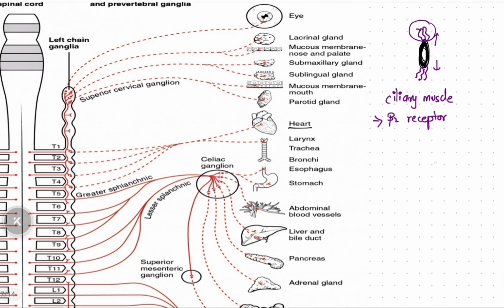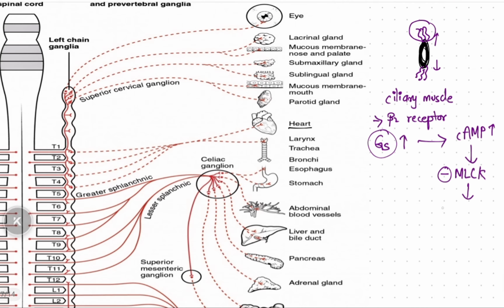All beta receptors of adrenergic receptor are supplied with G stimulatory pathway. When sympathetic activation occurs, G stimulatory pathway is activated. It increases the level of cyclic AMP, and when the cyclic AMP is increased, it actually inhibits the MLC kinase pathway, which was responsible for the interaction of myosin and actin.